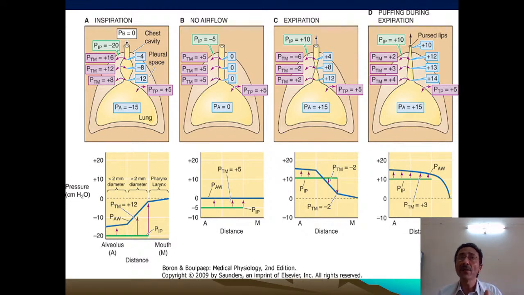This ability of the lungs to distend or to expand is called the compliance of the lungs. For a lung to stretch or the alveoli to expand, it has to overcome the collapsing tendency of the alveoli, because the collagen fibers are always tending for the alveoli to collapse. So whenever you are breathing in air, you are overcoming the collapsibility of the lungs, and the recoil is overcome, then the alveoli are stretched.